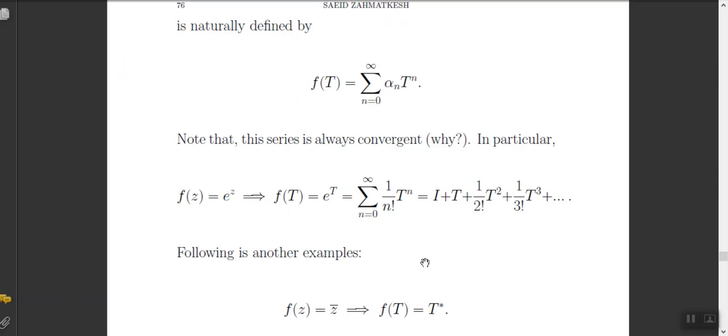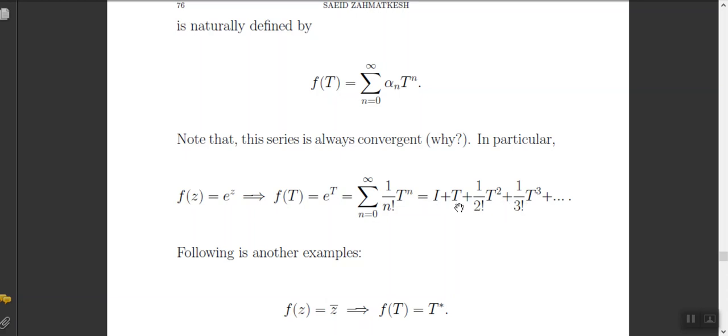And this means that when n is 0, this is 1 and t to the power of 0 is defined to be the identity operator. And t plus 1 over 2 factorial t squared and so on.